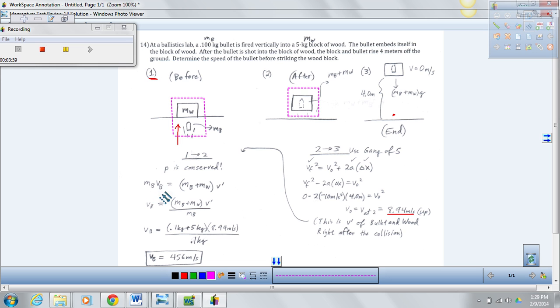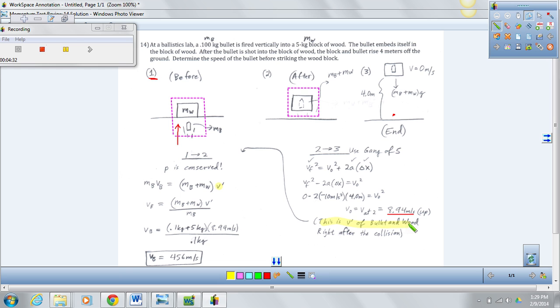So I can say, well, momentum before the collision, which is all bullet momentum, mass of bullet times velocity of the bullet, equals momentum of bullet and wood afterwards. So that's why I have mass of bullet plus wood times v afterwards. I just solved for this v afterwards. That's what I was finding over here.